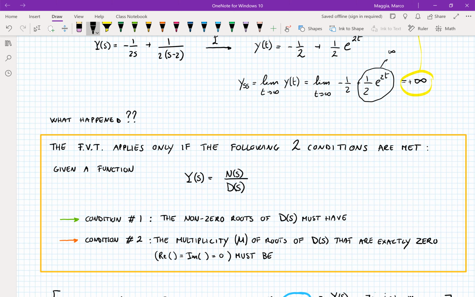So we have to compute the roots of d of s equals 0. And then we have to verify that the non-zero roots of d of s, so all the roots that are different than 0, must have negative real parts.